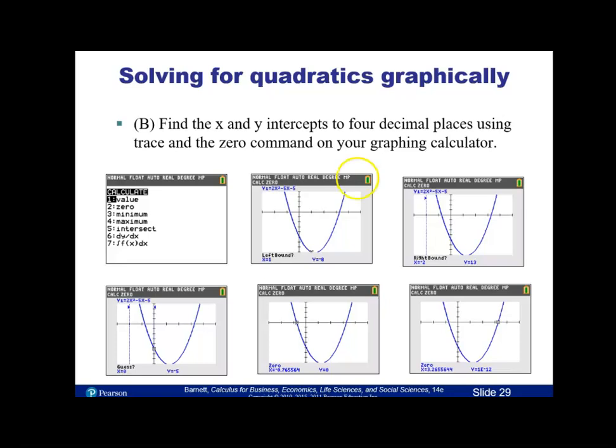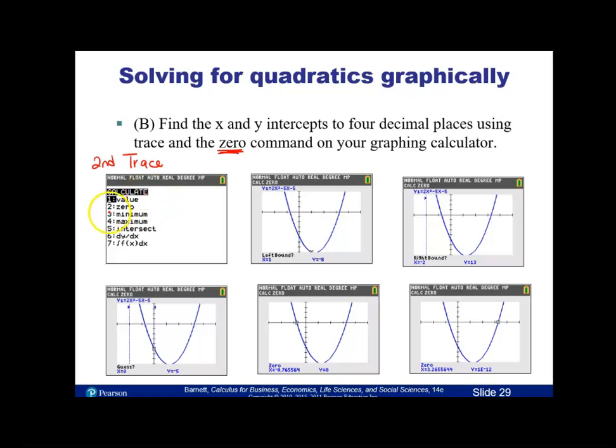Okay, so on your calculator, there are some built-in features that I want you to use. I know a lot of you are used to just tracing and moving the cursor and writing an answer down. That is not accurate enough for this class, okay? You need to use the features on your calculator. So if I'm asked to find an x-intercept, I'm going to be finding a 0. So I need to go to trace, and do the second function for that, it's going to bring up this screen here.